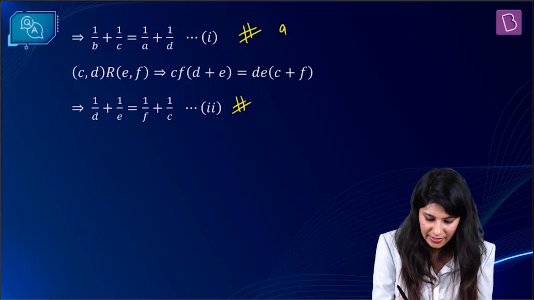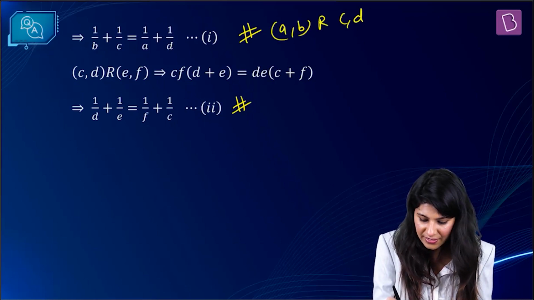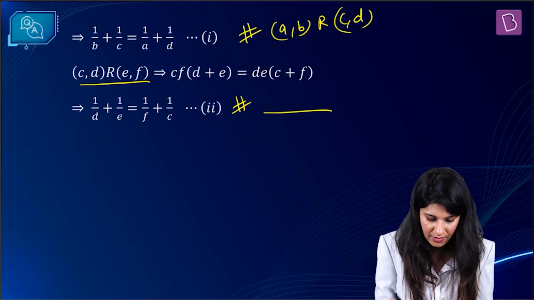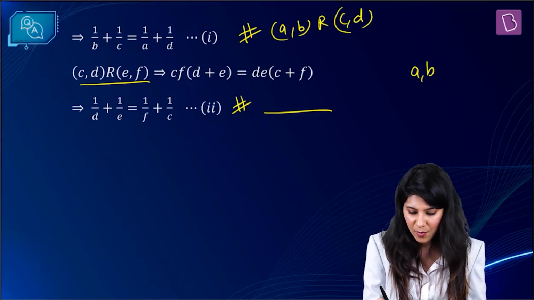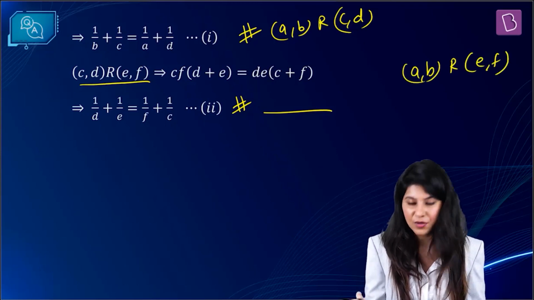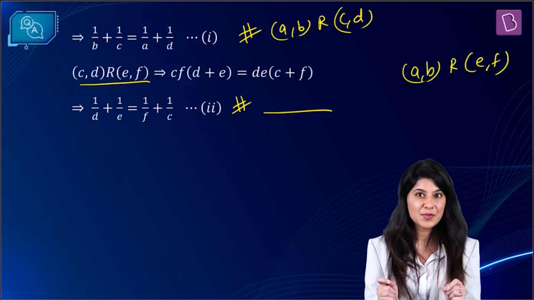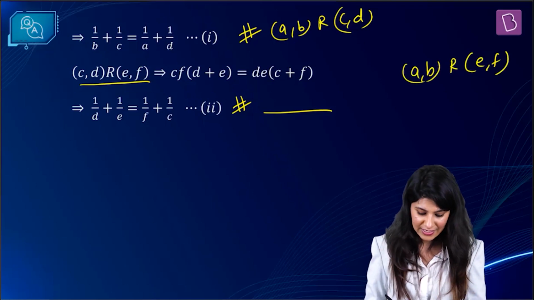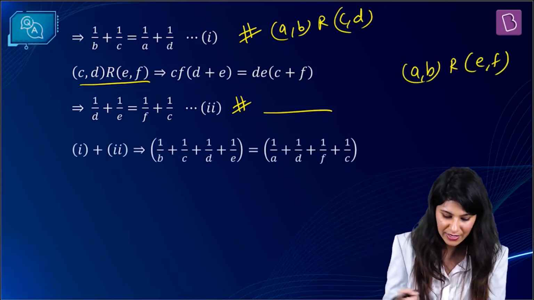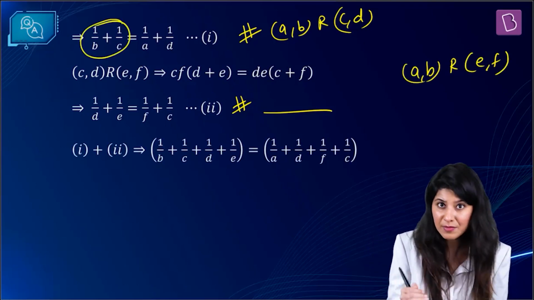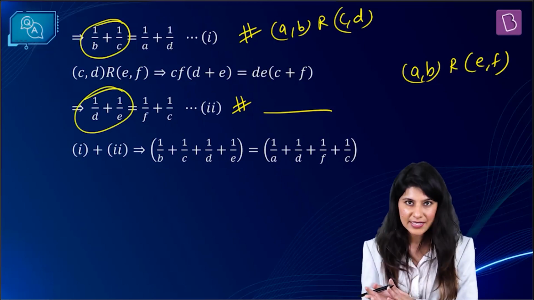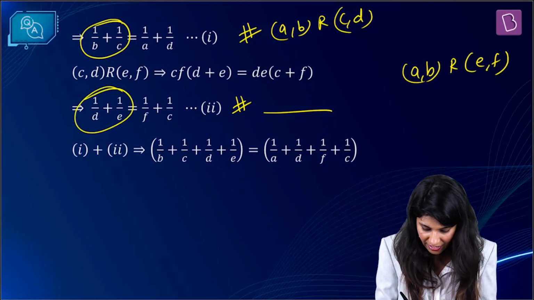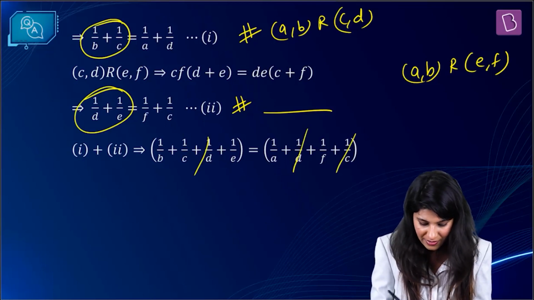This is (A, B) in relation with (C, D), and this is (C, D) in relation with (E, F). We need to check whether (A, B) is related to (E, F) or not. For that, I'll be adding these two equations. If I add these two equations, what do I get? I get 1/B + 1/C + 1/D + 1/E on the left, likewise the right hand side, and we have 1/D gone, 1/C gone.